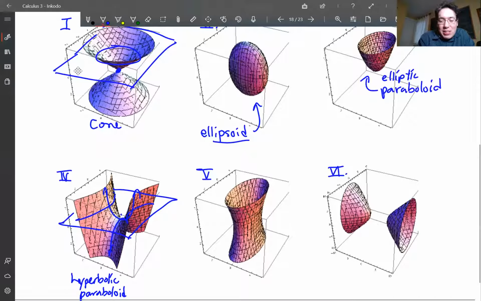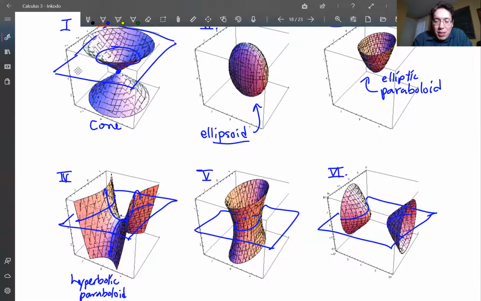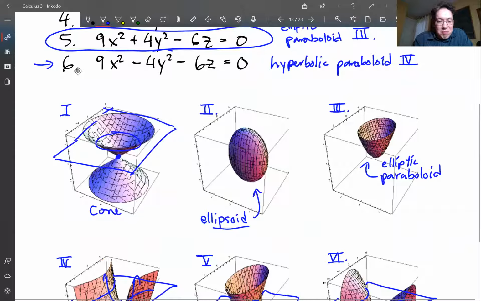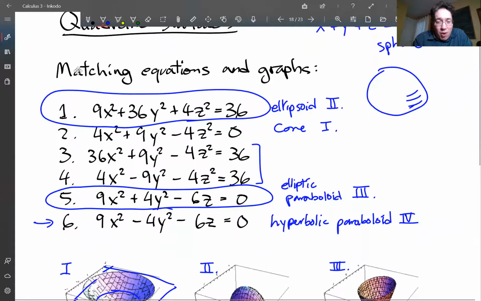If we fix a z value, it looks like the cross section looks like ellipses in picture 5. And if we did the same thing here, it would look like a hyperbola for a fixed value of z. So maybe that's a way to figure out which one's 3 and which one's 4.